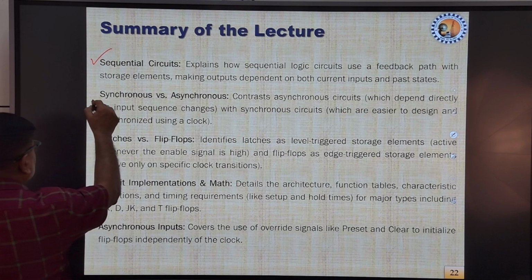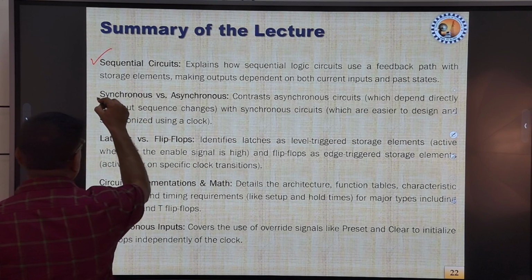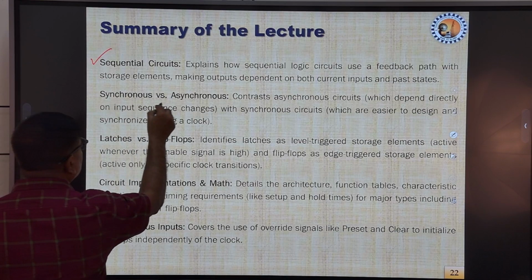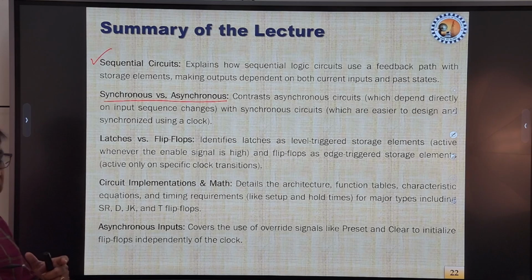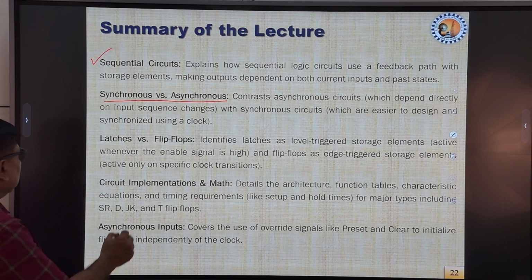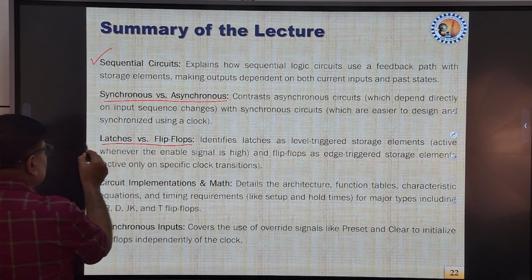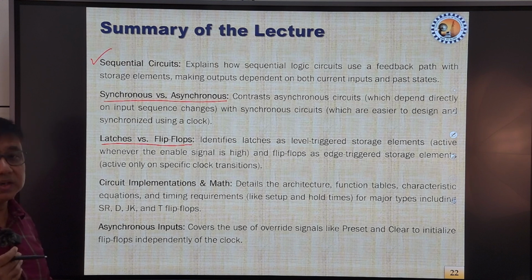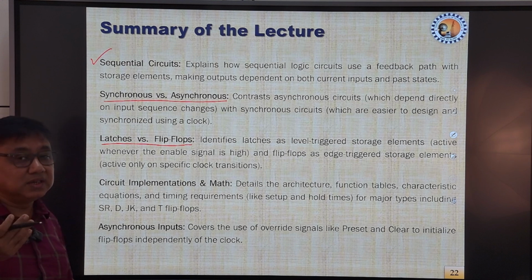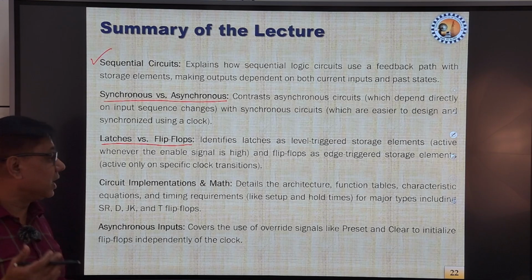We have come across synchronous and asynchronous operation of the circuit. We have seen what the fundamental difference between them is. We have discussed the latch and flip-flop, how a latch is constructed using NAND gate or NOR gate, and then how that level triggered latch has been converted into a flip-flop, and what its edge triggered operation is.